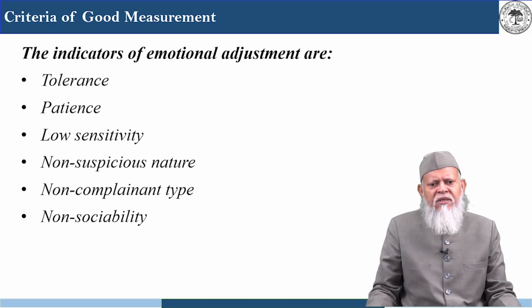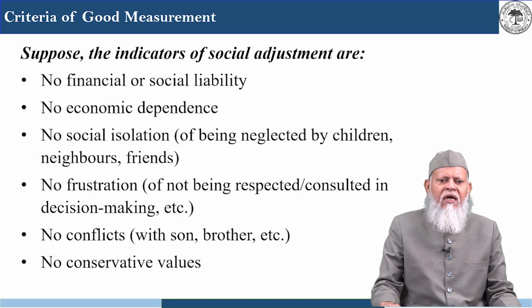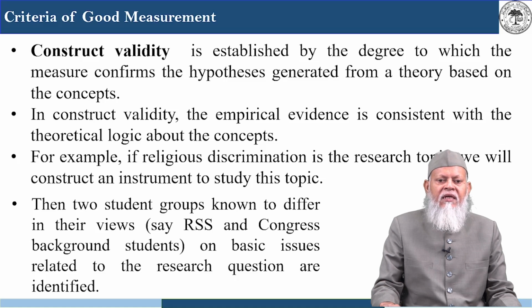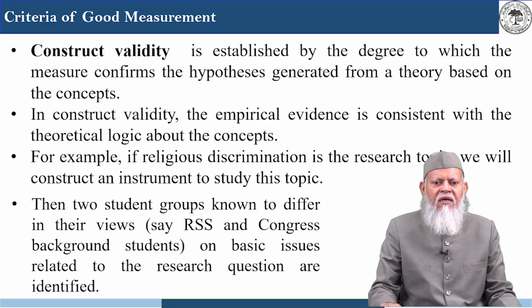The indicators of emotional adjustment are tolerance, patience, low sensitivity, non-suspicious nature, non-complainant type and non-sociability. So, these are the constructs for these phenomena, and if we have included these in our measure, then we can say that the criteria of construct validity is fulfilled.